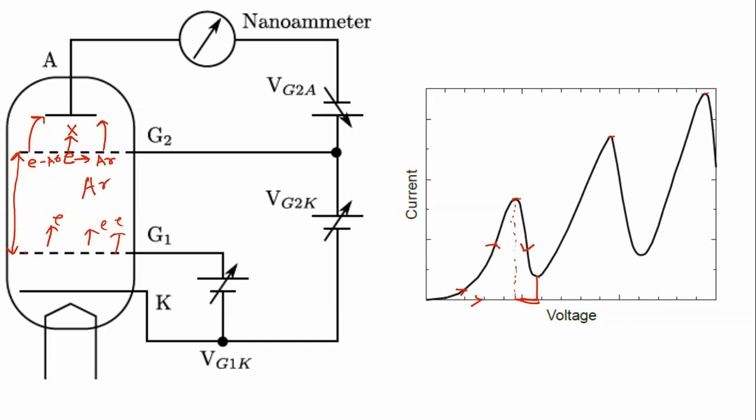Now what has happened is that because we are continuously increasing the voltage, some of the electrons now start gaining more energy. Suppose this electron travels this much in the earlier case, and through this distance it gains an amount of energy equal to the first excitation energy of argon.